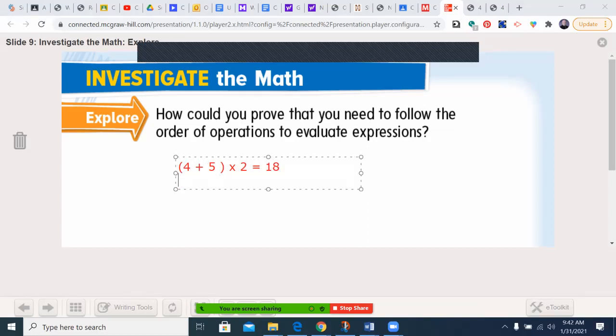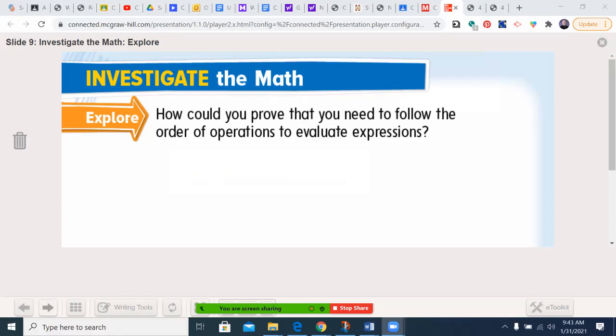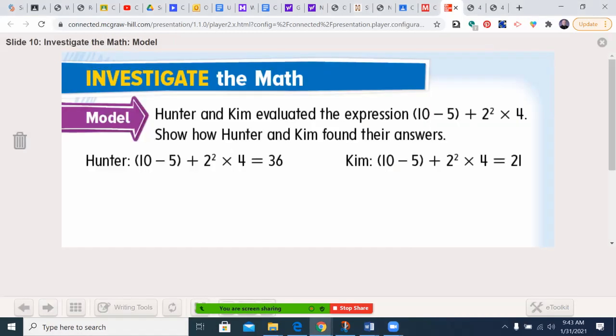However, if I don't follow it correctly, and let's say I do the 5 times 2 over here, that's 10 plus 4 is 14. It will be wrong. So you need to follow the exact order of PEMDAS.